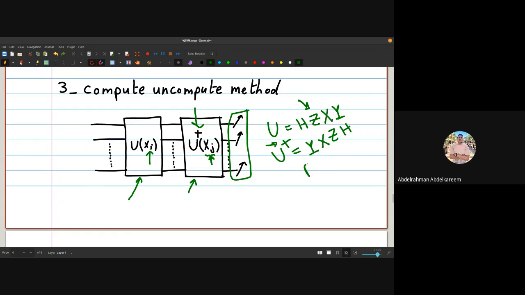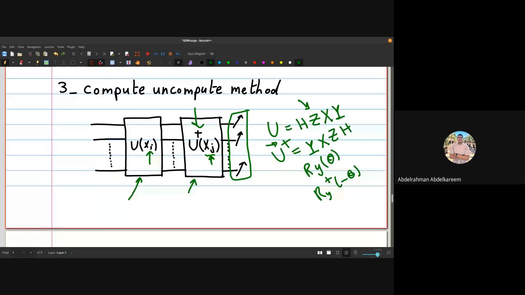So let's say I have a rotation gate with theta. The adjoint is negative theta. Or let's say I have another gate, let's call it W, for example.